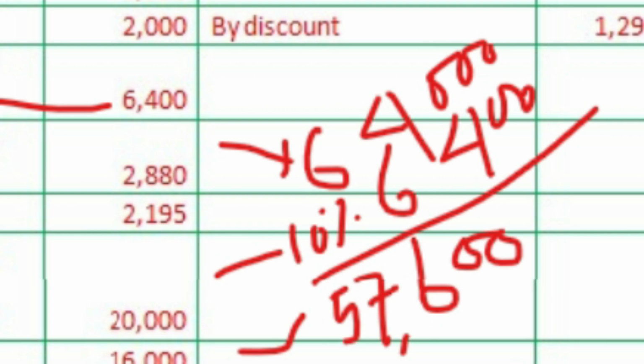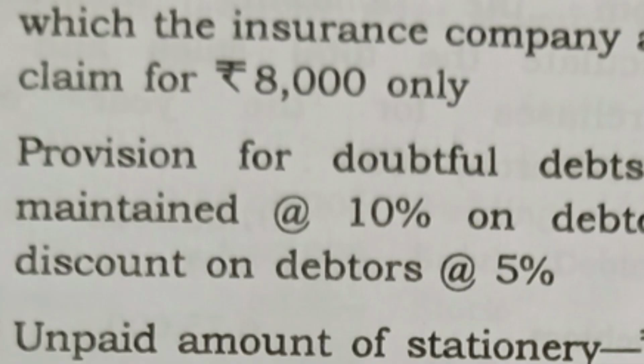So it is given in the question, and I will show you here in the adjustments. There are two things. One is doubtful debts, which you have to calculate at the rate of 10%, and thereafter you have to calculate the discount on debtors. This is the provision for discount on debtors at the rate of 5%. Which one is to be calculated first? First you calculate doubtful debts, and after deducting the amount so calculated, on the balance which you get you calculate discount on debtors at 5%.